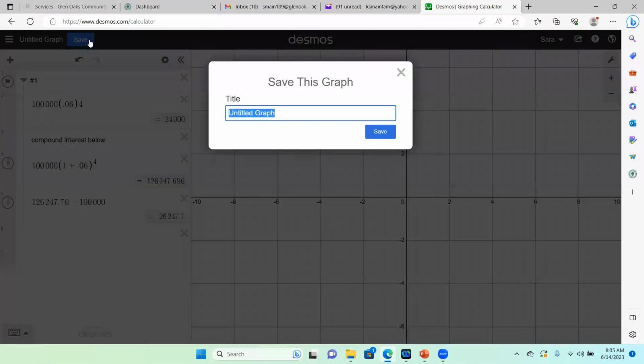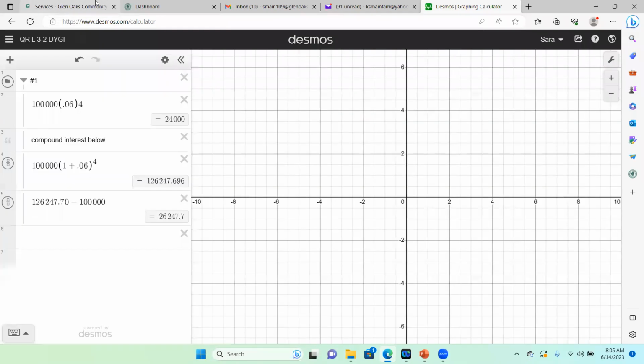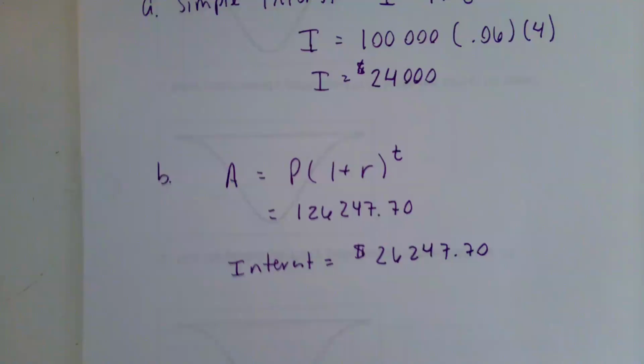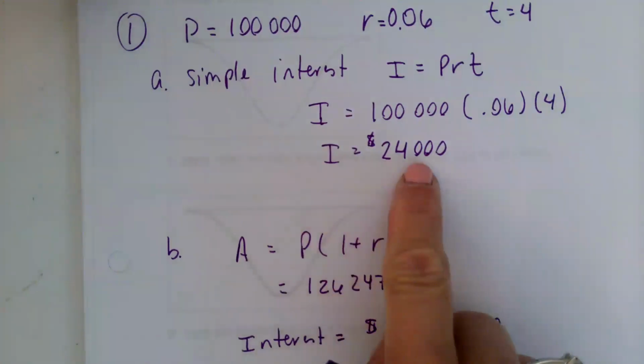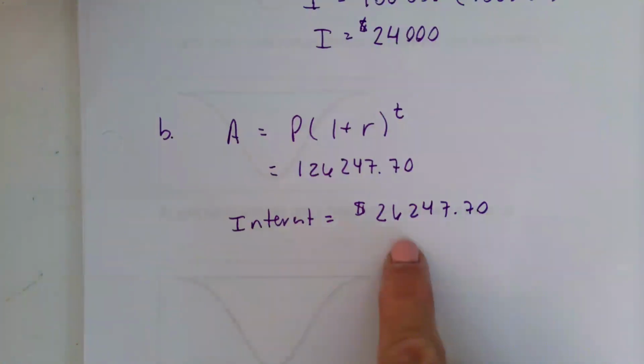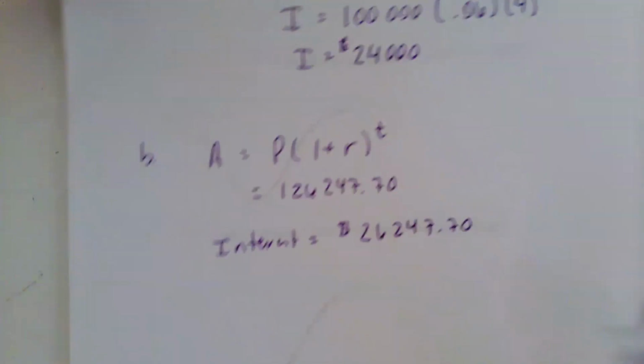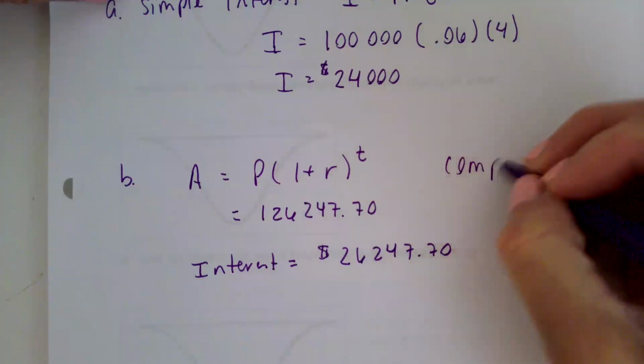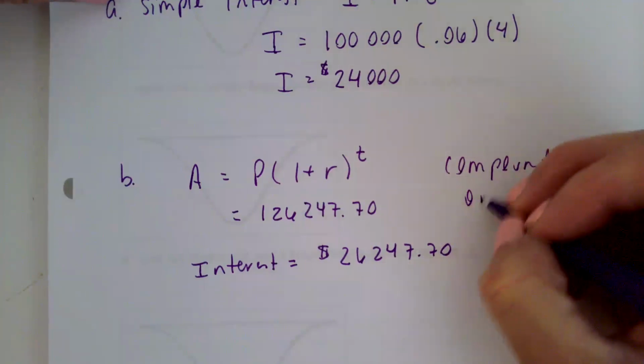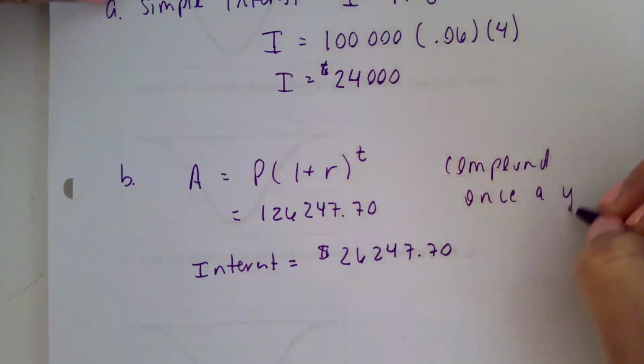And also I would save this in your Desmos so you have it to go back to. So the simple interest was 24,000, and this was our compound interest after 4 years. And we only compounded annually, once a year.